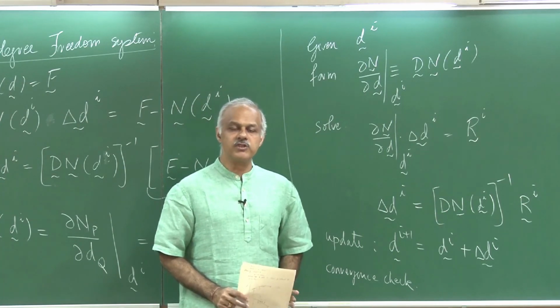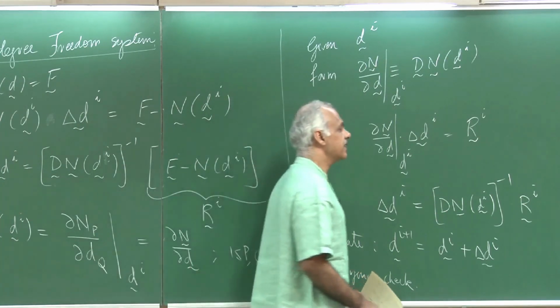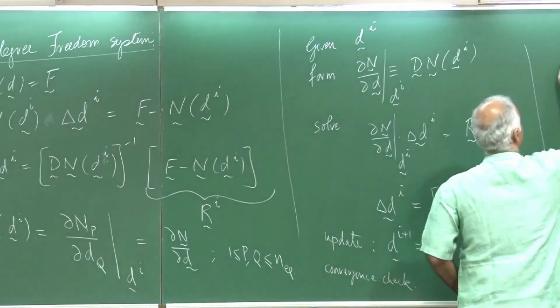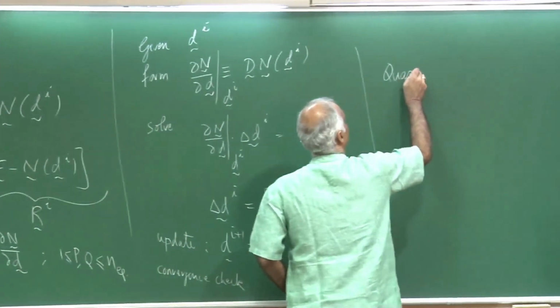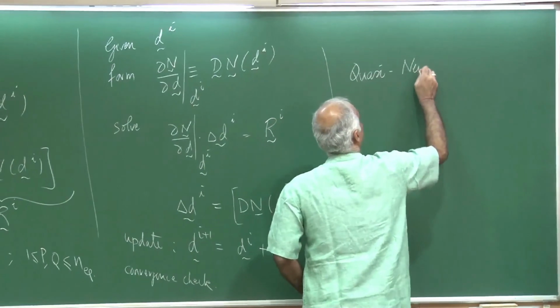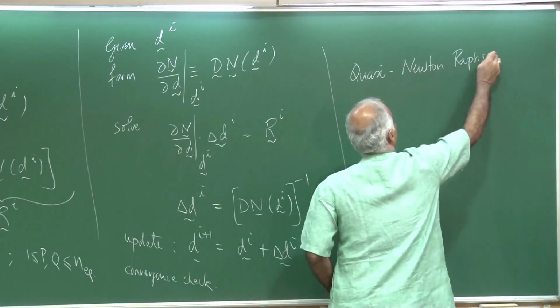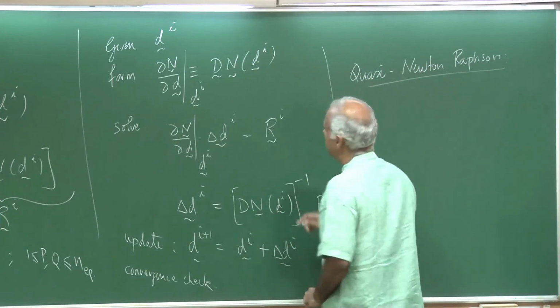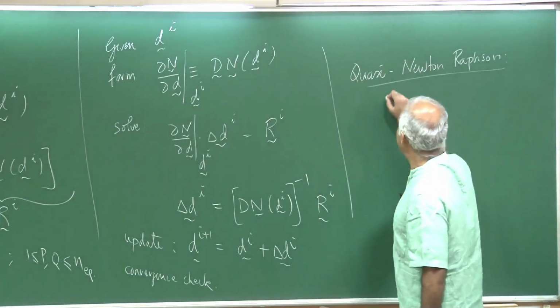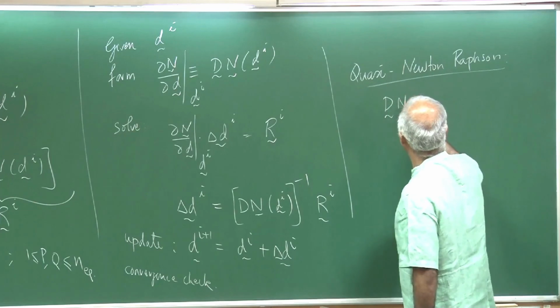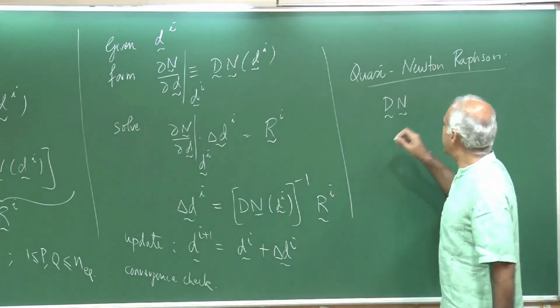We can also do something called a quasi Newton-Raphson, wherein we can say that dN is being approximated.